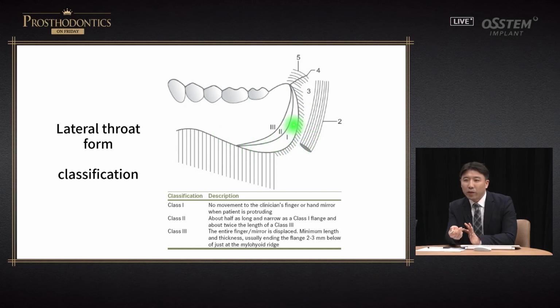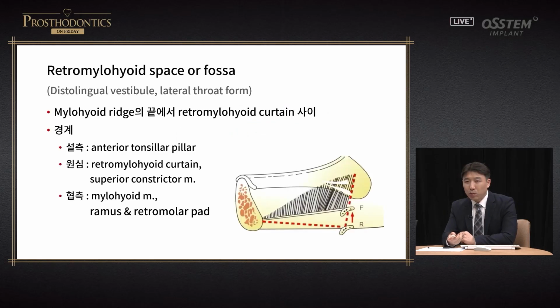How much of it is extended is shown here. Class 1 is ideal. If we can extend as much as possible, that would be good. But at times, when the patient sticks a tongue out, it can be pushed. Retromylohyoid fossa and undercut. At times, it can be difficult to utilize.